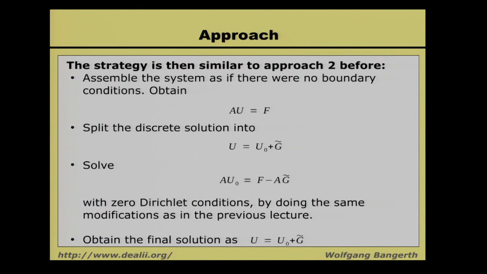We know how to do this by now. And so after I've solved this problem here, then I have my U0, and I get back the U that I really wanted, the solution of the Laplace equation with non-zero boundary conditions, by just adding the solution that I just computed plus the g tilde that I chose this particular way, and that gives me my U.